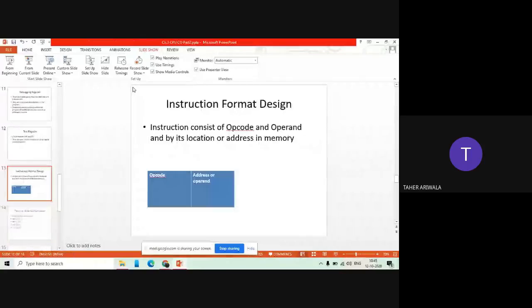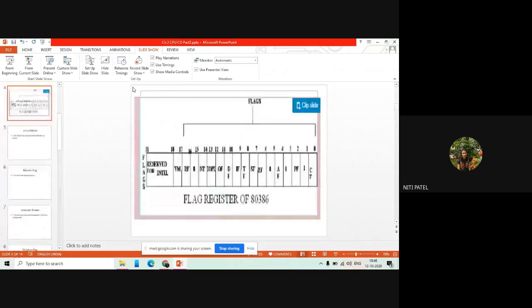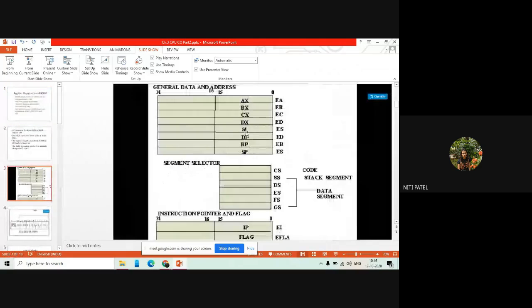Yes, ma'am. Okay. So with this, we complete the register organization of 80386. We have seen all the general purpose registers. Let me come to the diagram again. We have seen all these general purpose registers. The functions are the same as those of 8086.